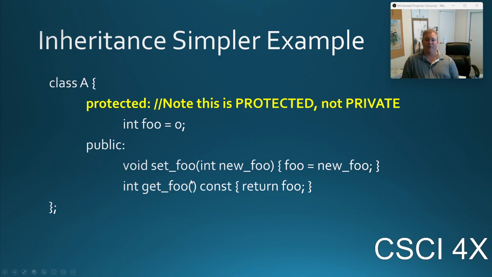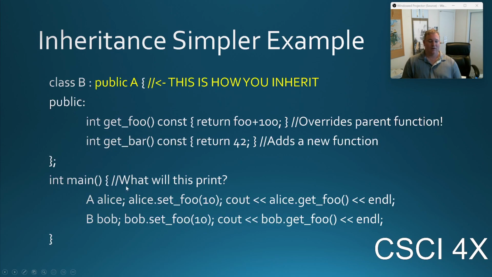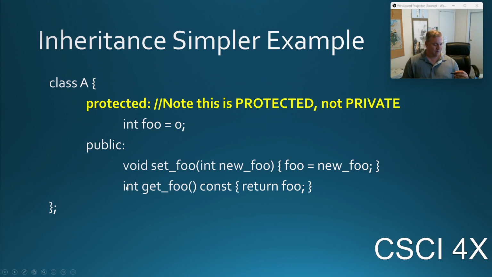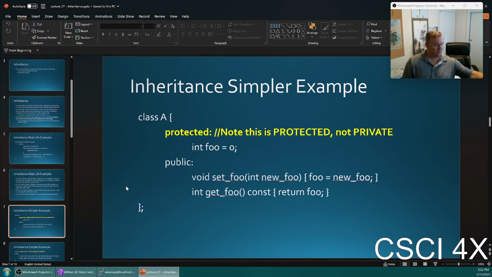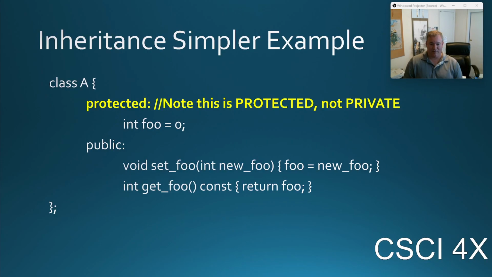Okay. Anyhow, protected is a new keyword. Protected is the same thing as private, except it allows your children to have access to this member variable here. Okay. So let's try reopening the presentation. Maybe that'll fix it. There we go. All right.